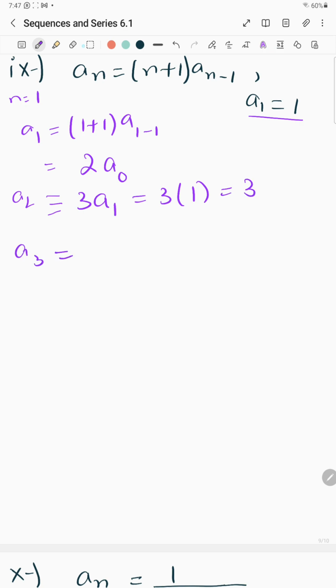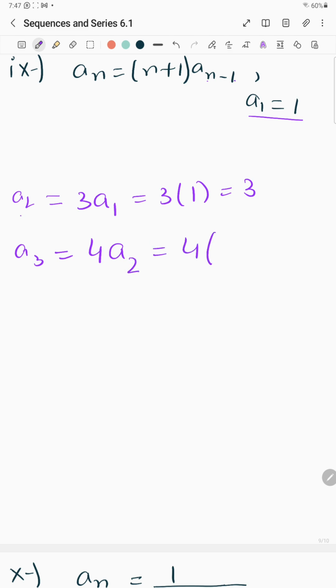It's not necessary for us to calculate a1, since a1 has already been given. So we need to start from the next number, that is 2. a3 is 3 plus 1 which is 4, and 3 minus 1 is going to be 2.